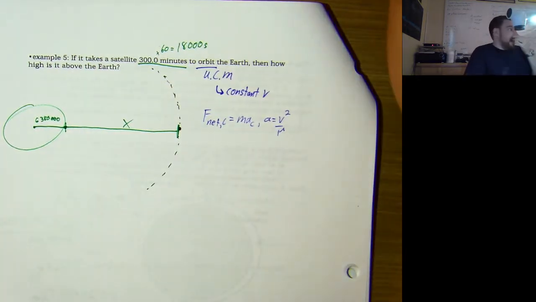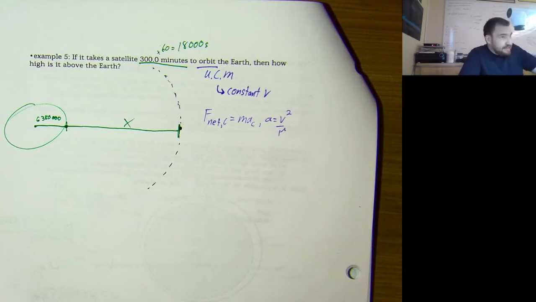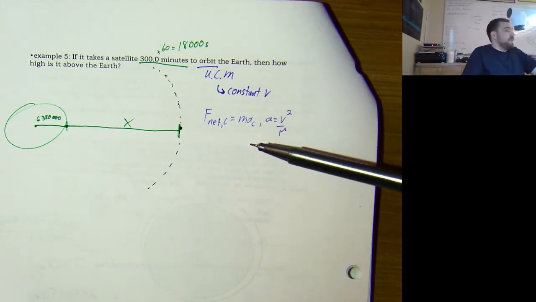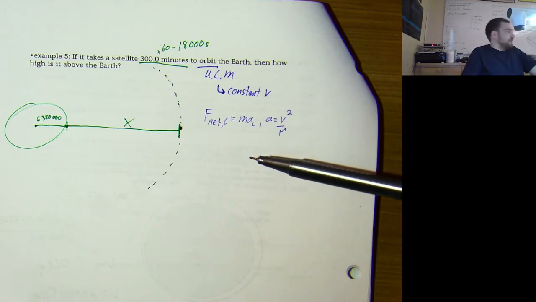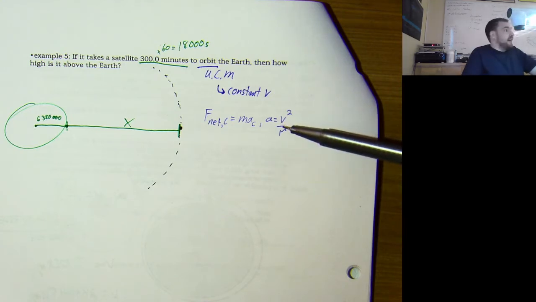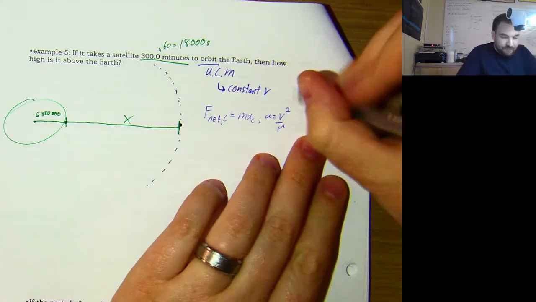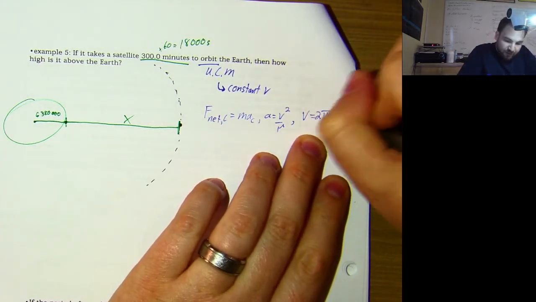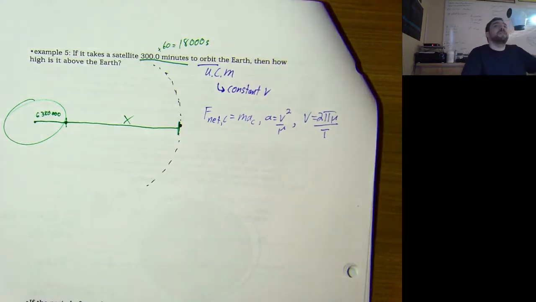So all they've given us is time. We're going to have to connect these expressions with an expression involving time. What expression do we have that involves the velocity of an object and time? V is equal to 2 pi r over t. And the only other expression that we're going to need is what?